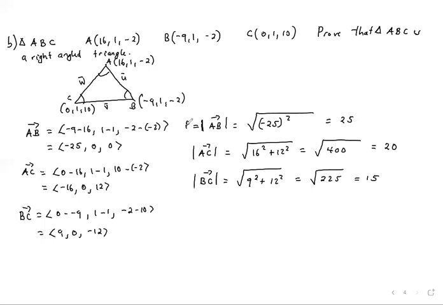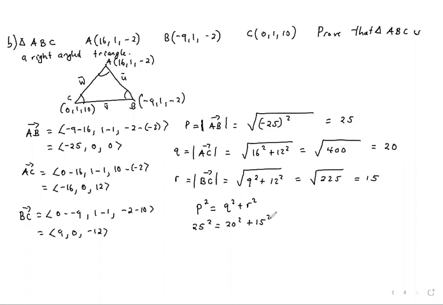Suppose this is P, this is Q, and this is R. We must have a relationship of saying P squared should be equal to Q squared plus R squared, or any of the combinations. So let's try. Can we say 25 squared is equal to 20 squared plus 15 squared?